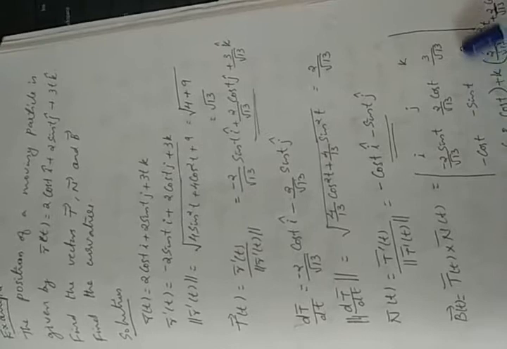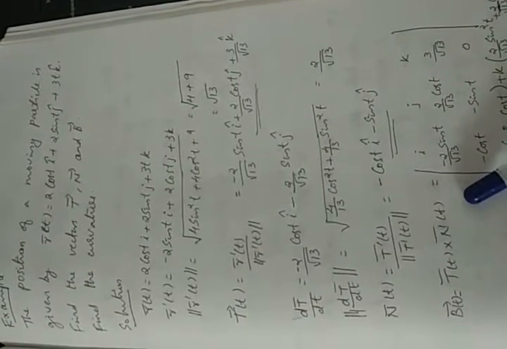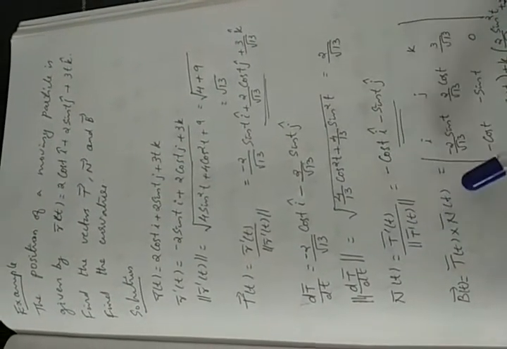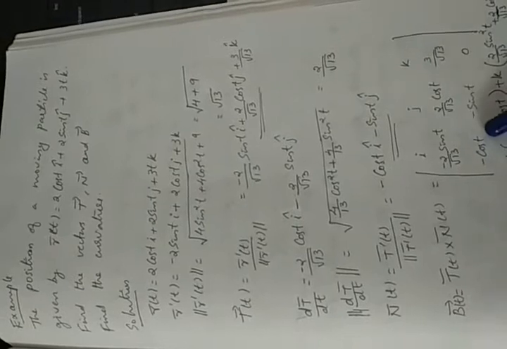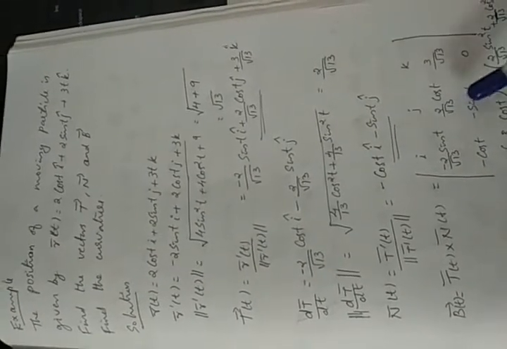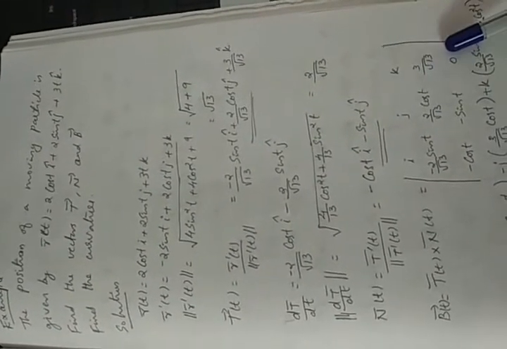The third row is the components of vector N, that is x component negative cos t, y component negative sin t, z component 0.